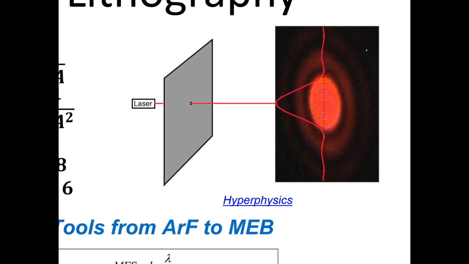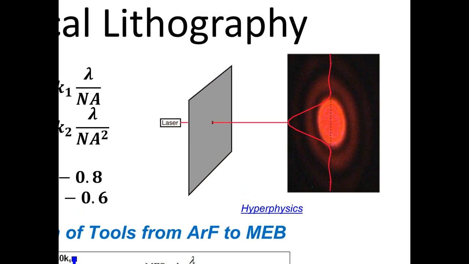If you were to take a laser and shoot it through an aperture, this is a simple physics experiment which many of you have probably done. Either slits or apertures, you put a light source through there, and you notice that you make diffraction patterns like this, right? This spot here is not necessarily the width of the laser beam. It's not necessarily the size of the aperture either. It's larger. There are these diffraction patterns that form, and the width of this region here is due to the diffraction of light.